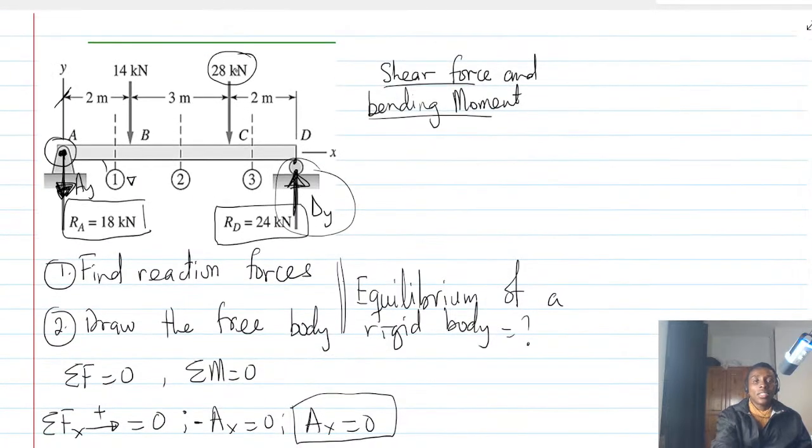Then we move to the next force, which is 28 kilonewtons. This 28 kilonewtons will be multiplied by the distance, which is 28 times 5.